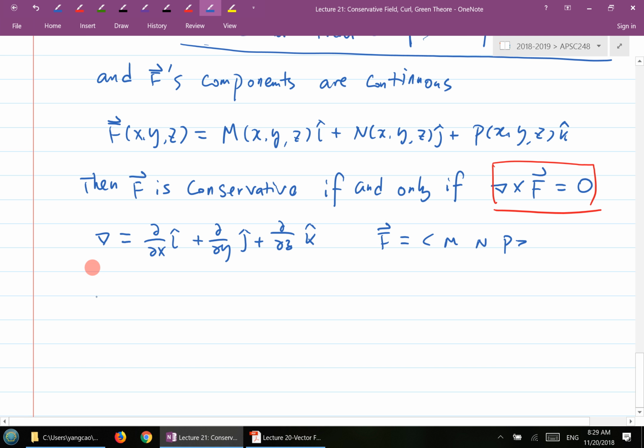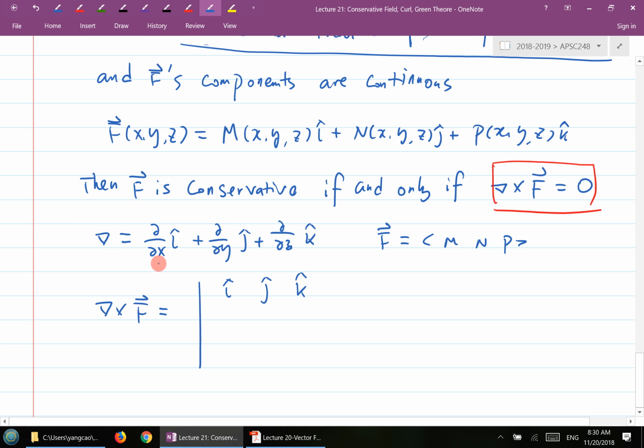So now we write down what del cross F is. It's the formula for the cross product. First row: i hat, j hat, k hat. The second row is the elements for del.